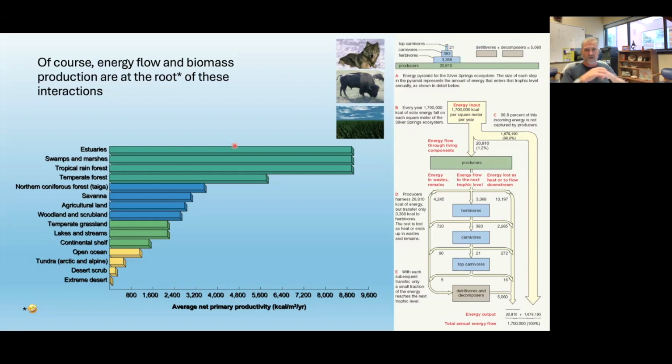The amount of sun that strikes an area varies across the surface of the earth and seasonally. And so that is a particular driver. And what we find is that a lot of the habitats that have the highest amount of biomass production occur in estuaries and swamps and marshes and in tropical rainforest. And a large part of that has to do not only with the ambient conditions on the ground, but the amount of solar energy that they are receiving. So there you go. These are at the root of these interactions.